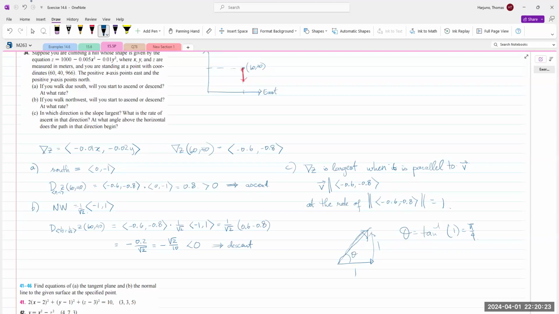Okay, maybe it's better for us to take a look at what the graph of this function looks like. Let's take a look at our graph here.